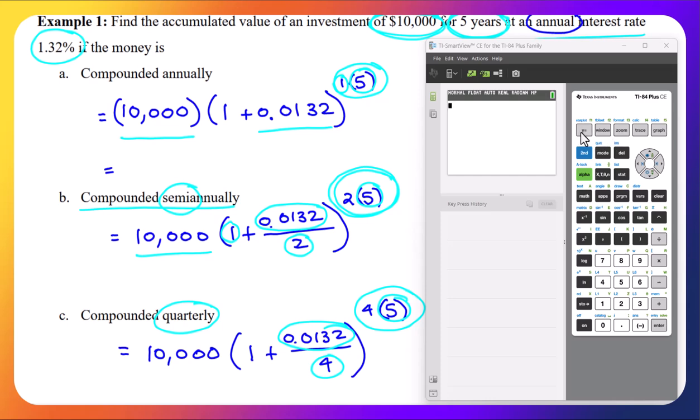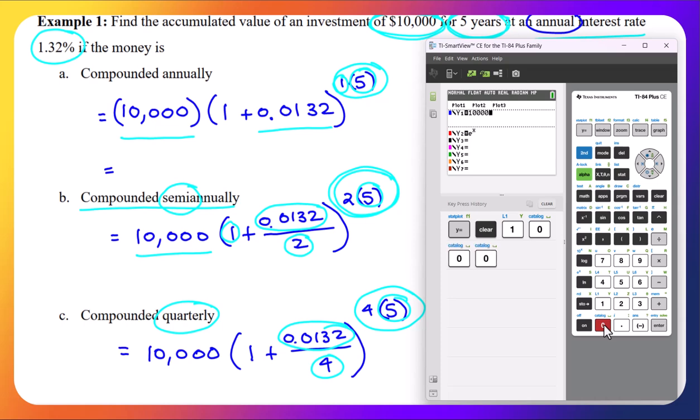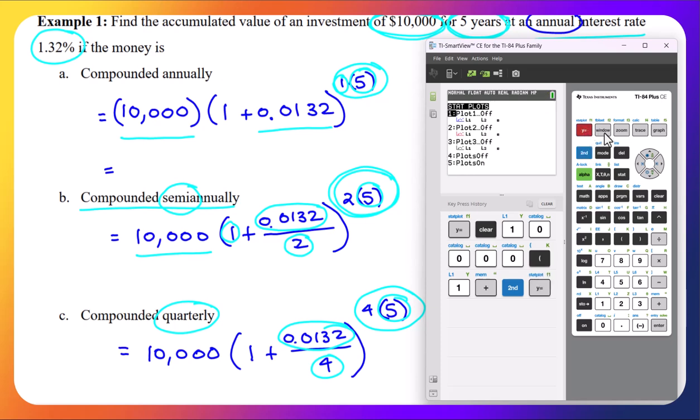What I can do is go to y equals, there's something there, just clear it out, and then I'm going to do 10,000, parentheses, 1 plus, and let me make my fractional exponent, so that's second, alpha, F1, equals, there it is. So alpha 1, and 1 is the fraction.